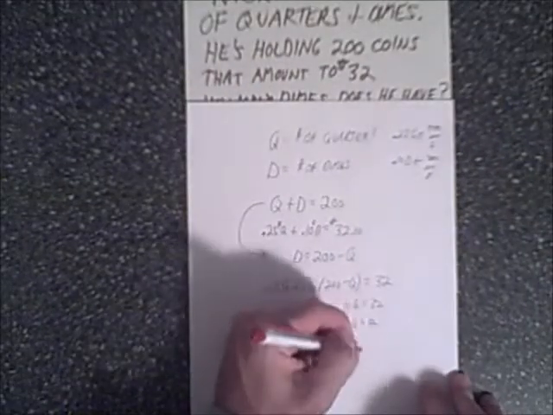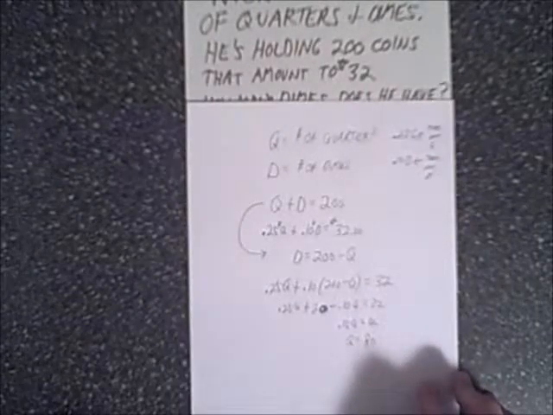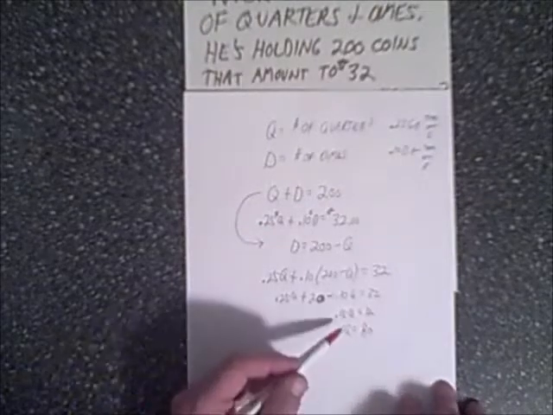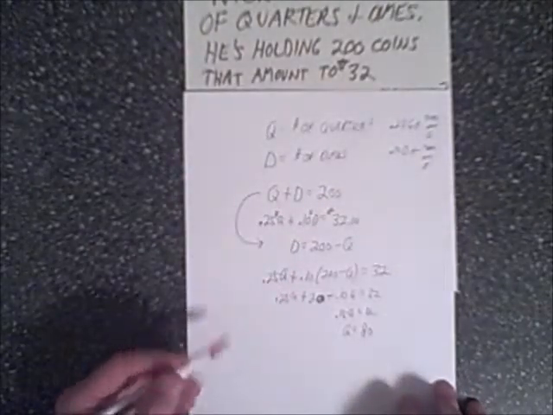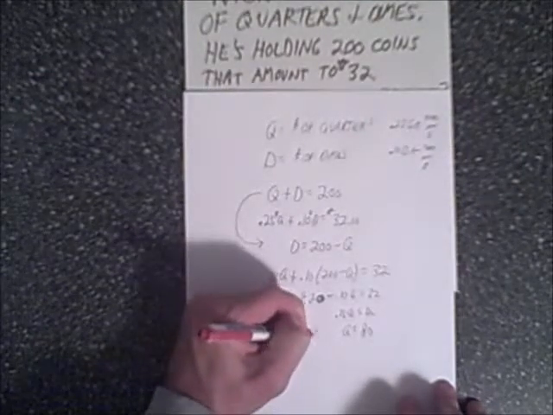Take a look at that, it's 80. I had to run and get a calculator, apologies. So Q equals 80, and again it's under 200, which is a good sign we might be on the right track. And if Q is 80, the total number of coins is 200, so D must equal 120.